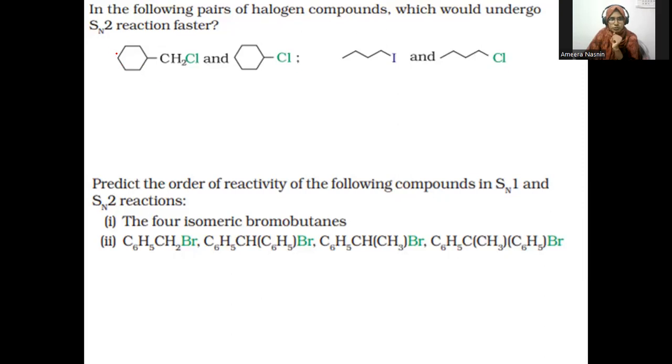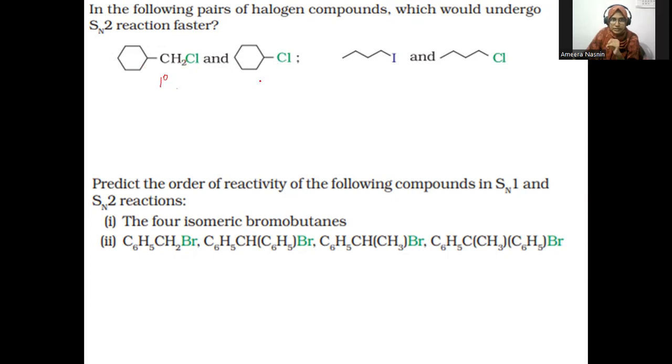SN2 is the mechanism which takes place in a single step, with only the formation of a transition state. So whichever molecule has less steric hindrance will react faster in the case of SN2.